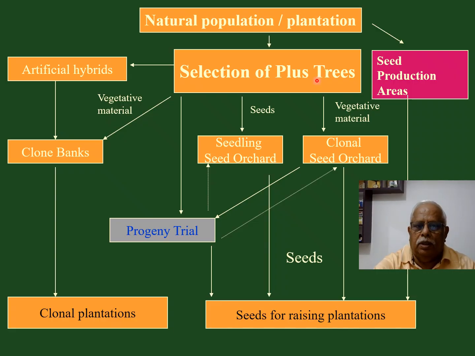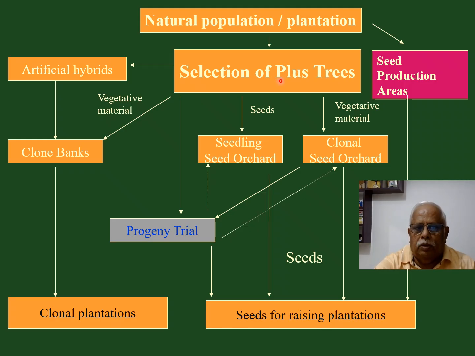If we are selecting a timber species like teak, we give importance to the total height of the trees, the clear bole height, and the girth of the trees. If it is for fruit yielding trees, we give emphasis on the size of the crown, the fruit yield of the trees, and such aspects.